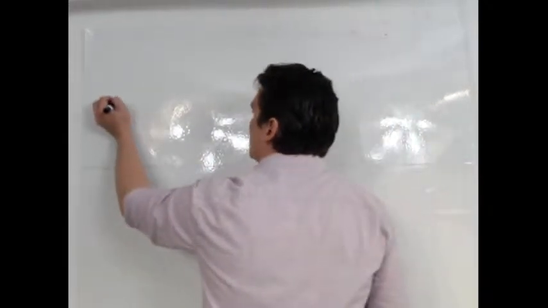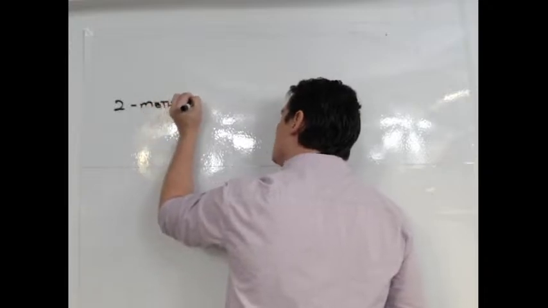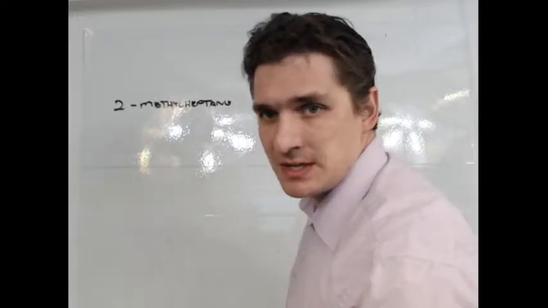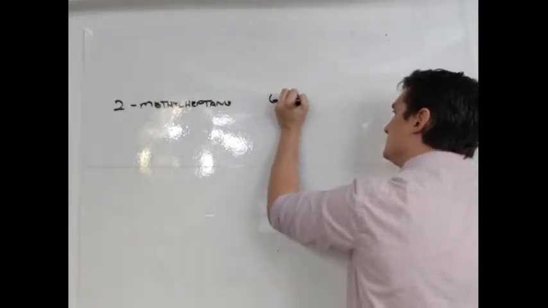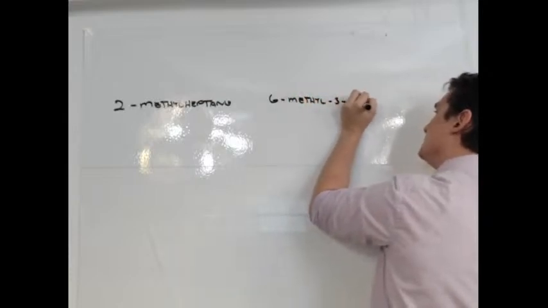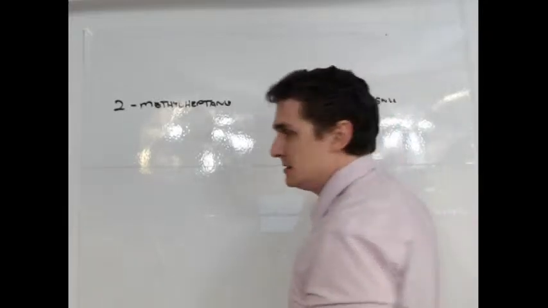So we have 2-methylheptane. 6-methyl-3-heptene, I'm sorry, 3-heptene. 6-methyl-1-heptene.